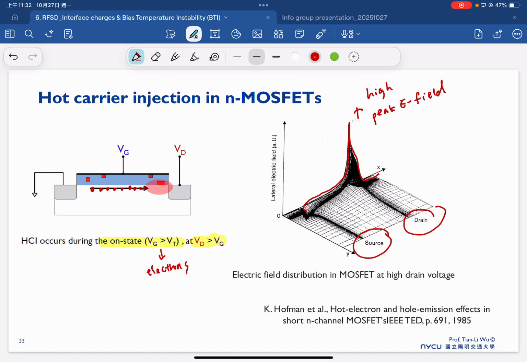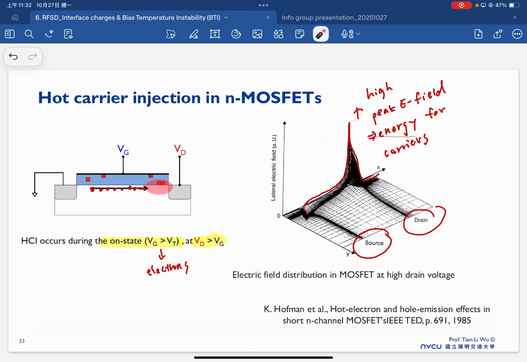And therefore, this high peak E field provides the energy for carriers. And because of this, we can see the carrier, this is an electron, being flowed to this side because we have a very high electric field. This high electric field will push the carrier to be injected into the dielectric.